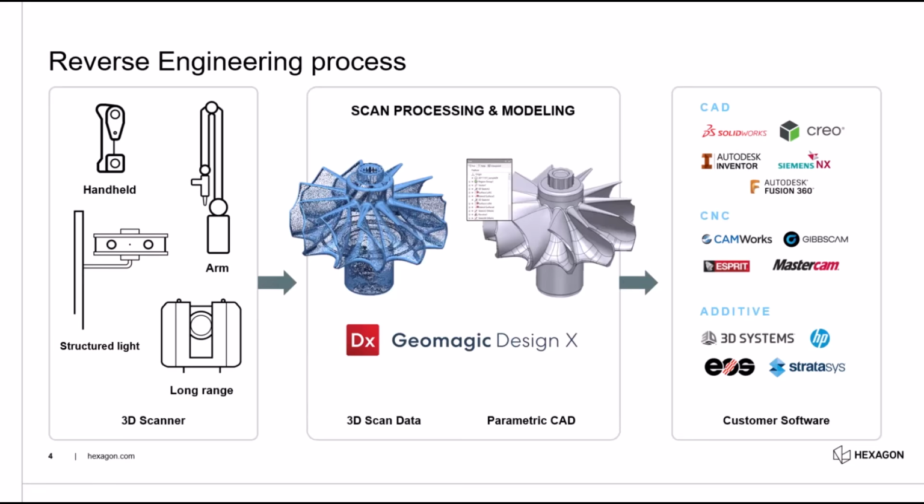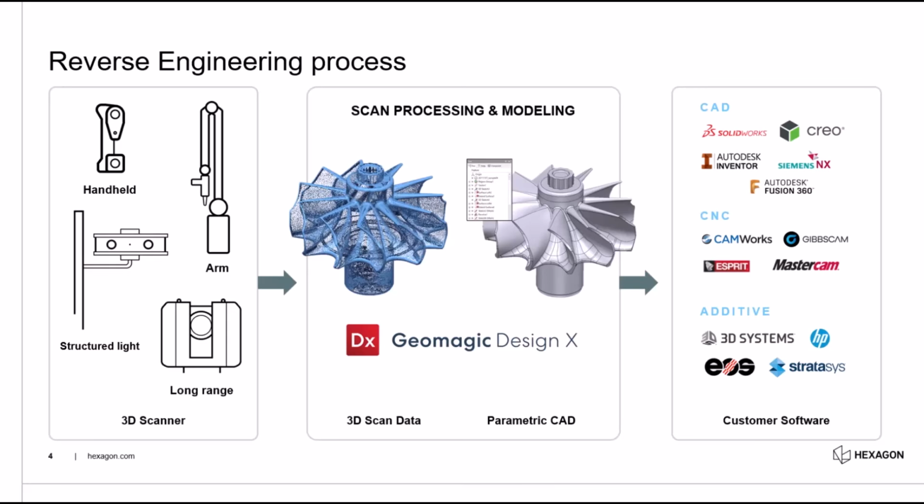Design X is really a CAD platform that utilizes our own scan kernel that we have built from the ground up internally, which allows us to handle all that scan data as native entities, bring it in, and process it in a way that we can extract model information from it, whether it's CAD model information.